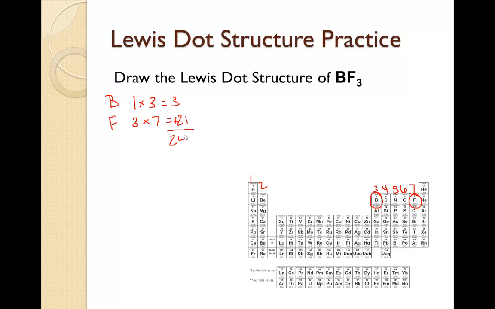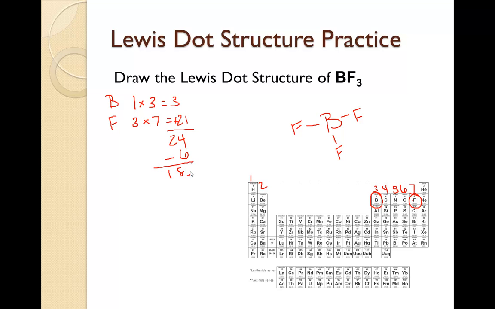Alright, so here's boron, here's fluorine. Boron's less electronegative, so it's going to go in the middle, and fluorine's going to go around it. 2, 4, 6 electrons used up. That comes out to be 18.